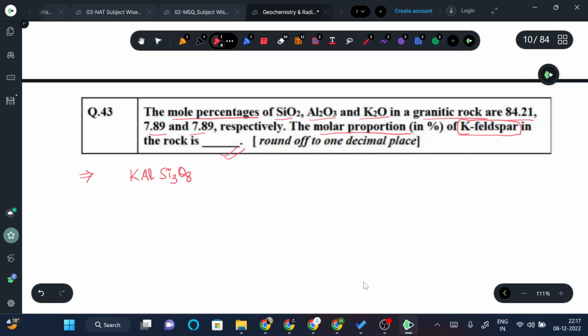So here, what are the moles of these individual elements? KAlSi3O8 consists of 1 mole of potassium, 1 mole of aluminium, 3 moles of Si, number of moles. Is it right what I have written?